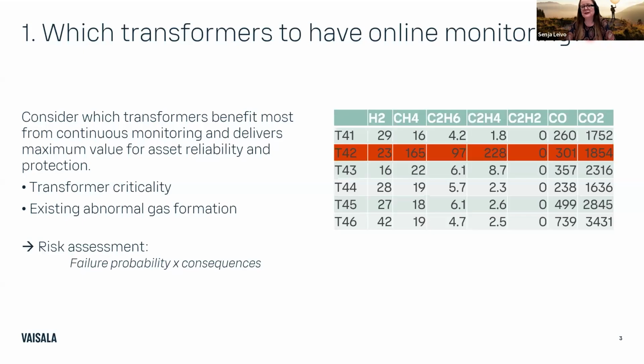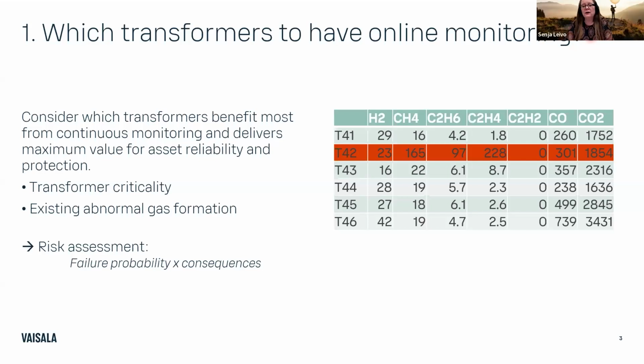Like in this case, these units here are GSUs, so heavily loaded, and there may be thermal faults which actually do not produce a significant amount or even any hydrogen, or the little hydrogen that is formed disappears somewhere.